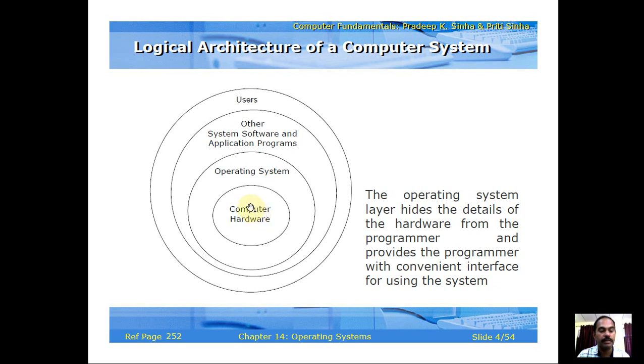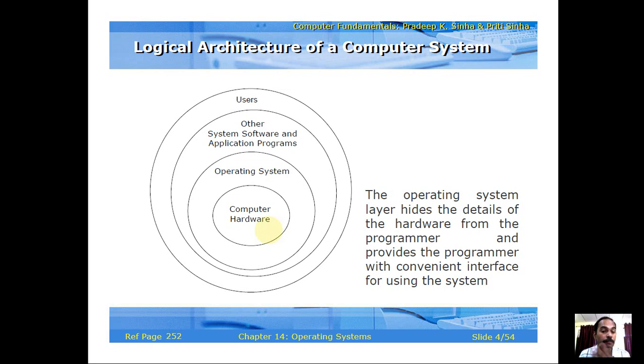Why? I will tell. Basically the device, the hardware part, the computer or your mobile is a machine, so it understands only zeros and ones, that means machine language. You know machine language, assembly language, and high level language. The computer hardware knows only machine codes like zeros and ones, isn't it?